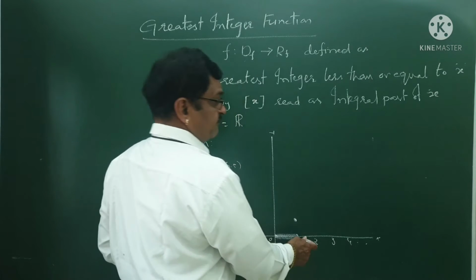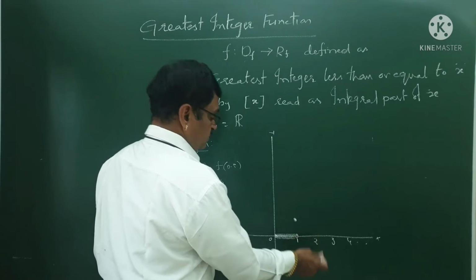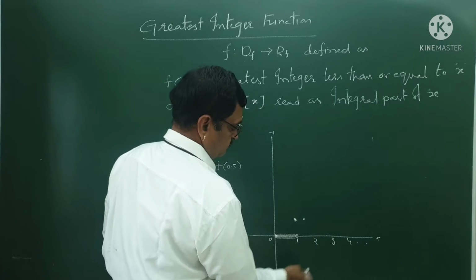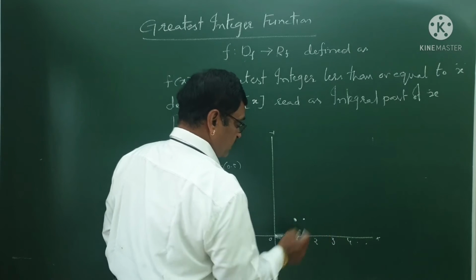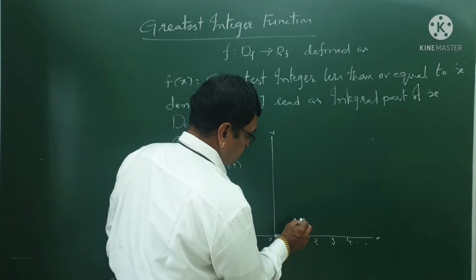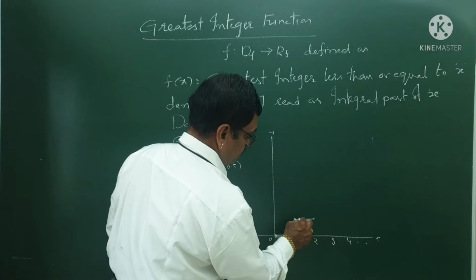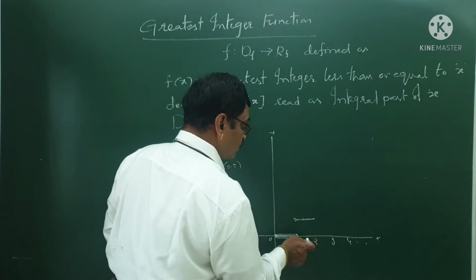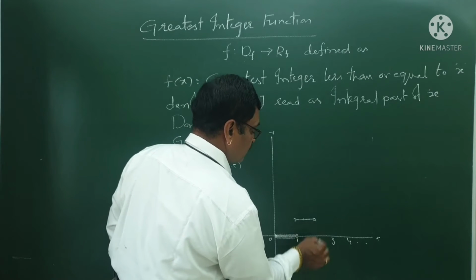Now if the input is 1.5, again 1. 1.9, again 1. That means if we take any number between 1 and 2, my output is 1 only. But when you take 2, it jumps to 2.